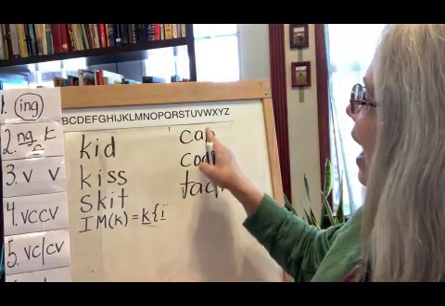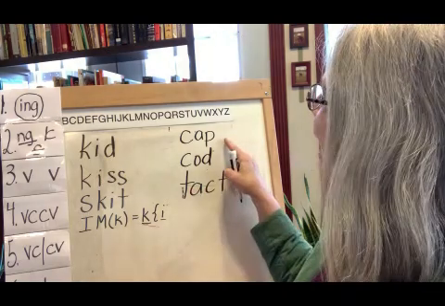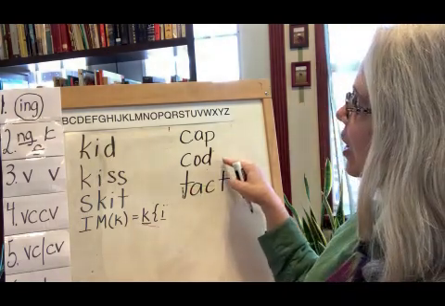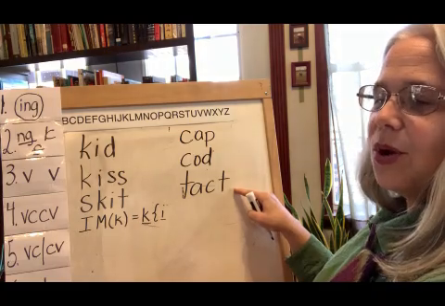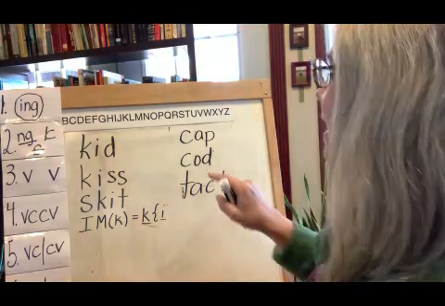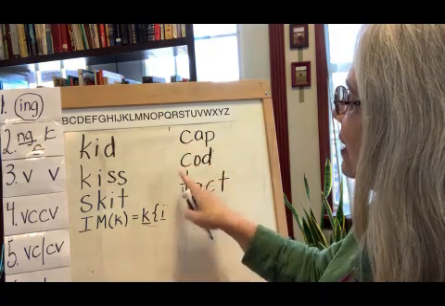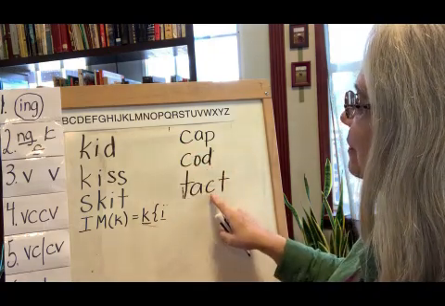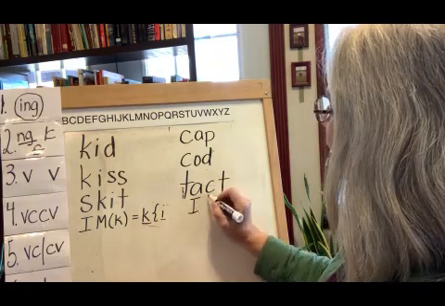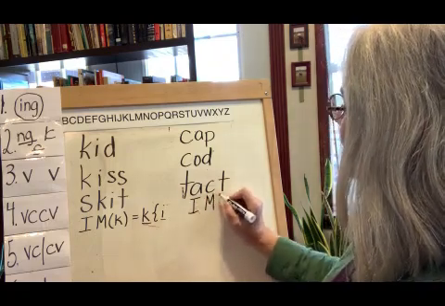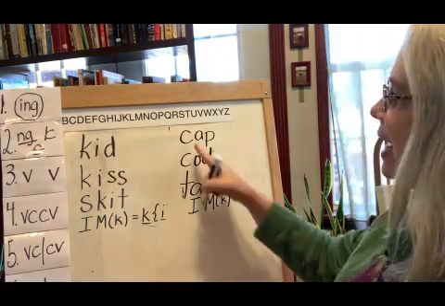Okay, let's look at our next list of words. Repeat them after me. Cap, cod, tact. Where are you seeing that C? What positions? Right, initial, and where else? Right, medial. So initial and medial k sound is being spelled what in this case?